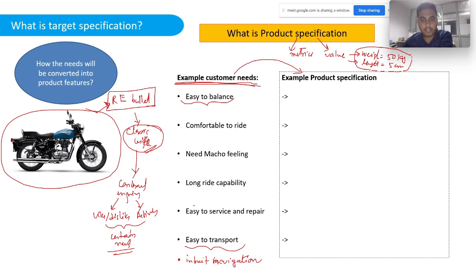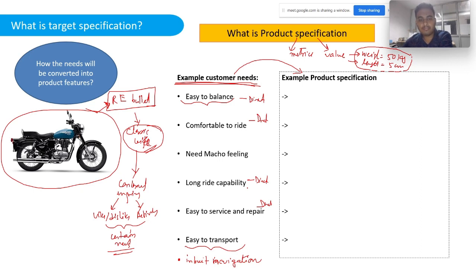Can you classify these needs as direct or latent needs? Easy to balance, comfortable to ride, long ride capability, and easy to service and repair are all direct needs, because these are must-haves. But direct and latent will be subjective, depending on the context and demands.